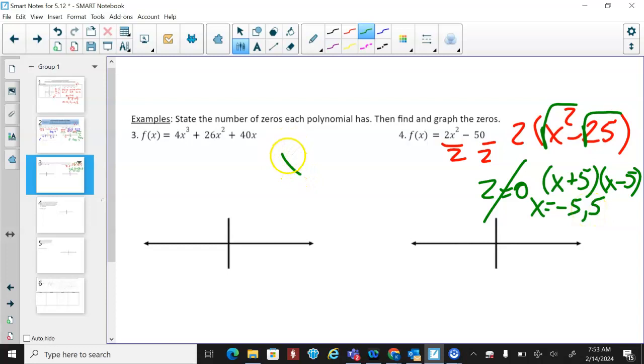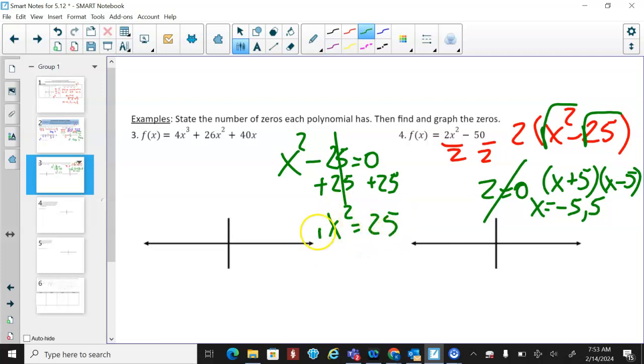Or I can simply take x squared minus 25 in parentheses, set it equal to 0, move 25 to the other side. x squared will equal 25, and then I'm going to square root both sides where x equals plus or minus 5. So either method is fine. So you get 2 solutions only, because 2 will never equal 0. So that's not a solution. And so you're going to get plus or minus 5. So -5 here and +5 here.